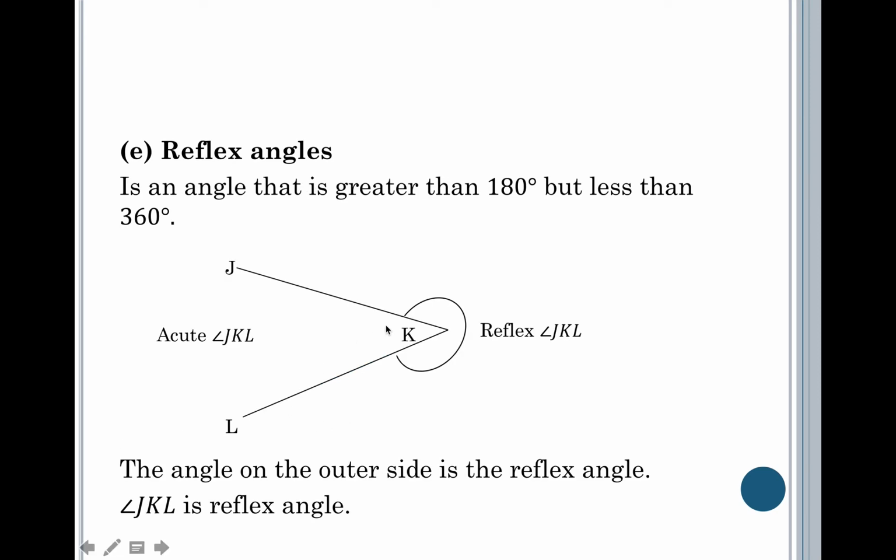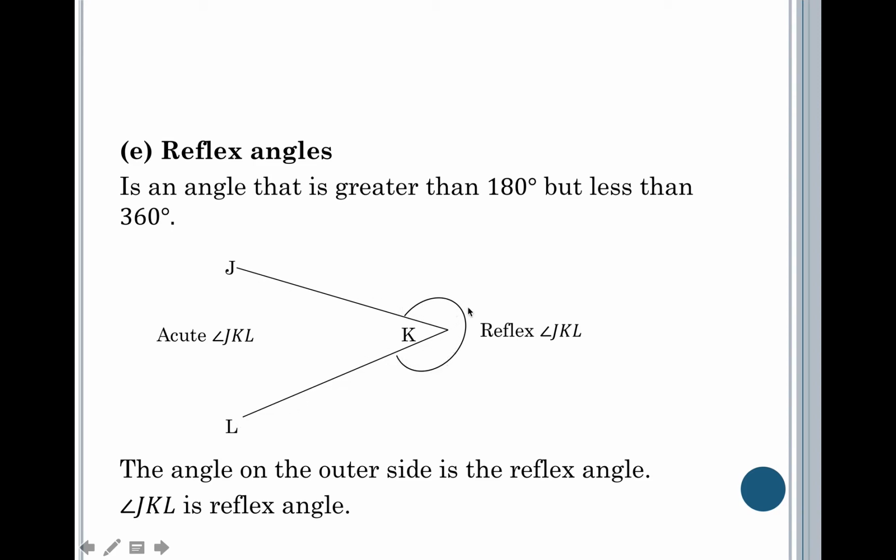A reflex angle is the angle outside of what we normally talk about. We normally talk about this inside angle. Right now, we are talking about the outside. So the reflex is the outside angle. It's normally greater than 180, but less than 360. So the angle on the outside is a reflex angle, and we're talking about JKL on the outside.